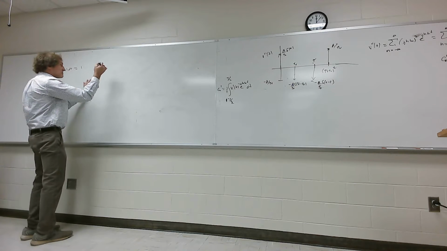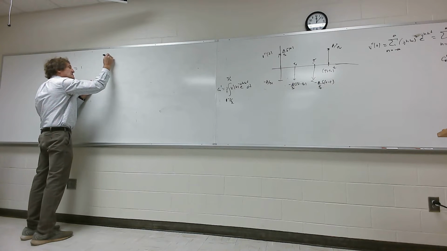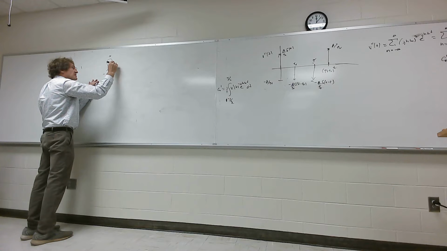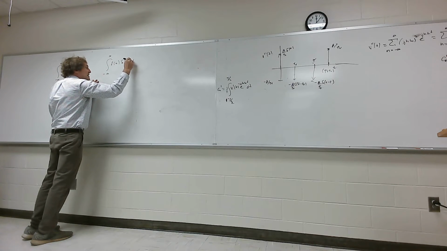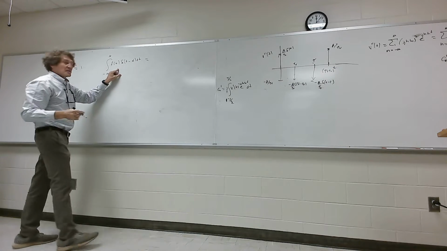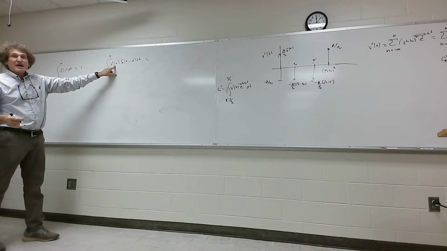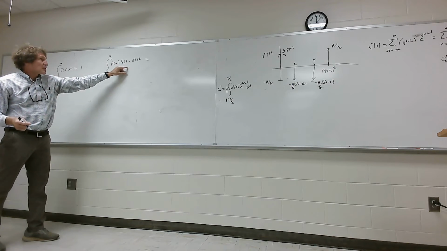So, knowing that, if I integrate from minus infinity to infinity of f of t times delta of t minus alpha dt, this is nothing more than the value of f of t evaluated at where this turns on, where this becomes 0, at alpha.